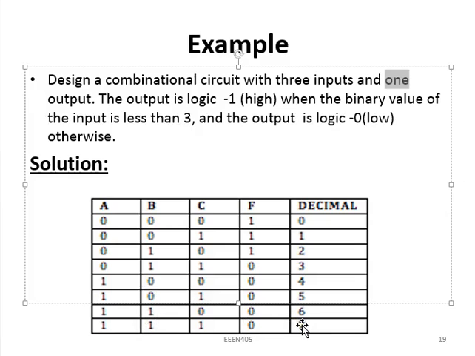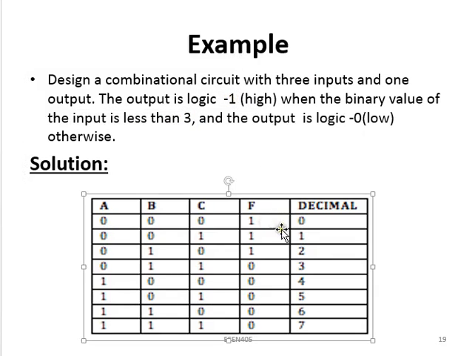And if we go back to our statement of the problem, we are told that whenever the input is less than 3, that is when it is 0, 1 or 2, these are the only ones less than 3, our output should be high. So at this point my F is 1, at this point my F is 1, and at this point my F is 1, because all of them are less than 3.